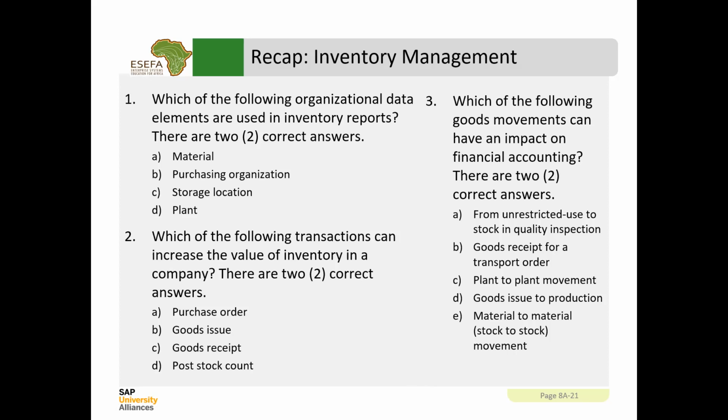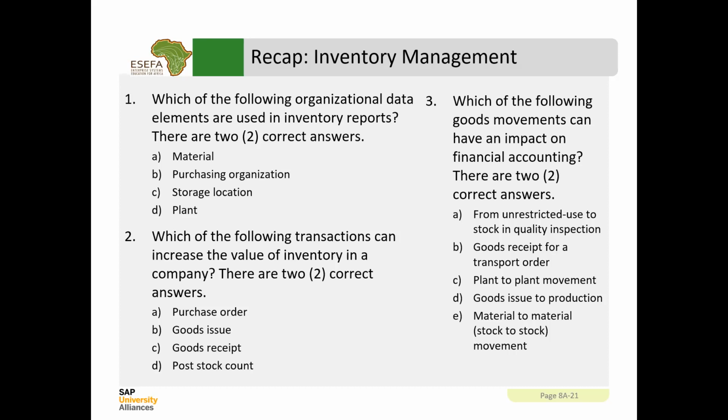So the first elimination here is that goods issue cannot increase because goods issue is already taken from the pool. Goods issue to the customer, goods issue to another plant, goods issue to another company code. So that's the first one. So the goods receipt definitely will increase.